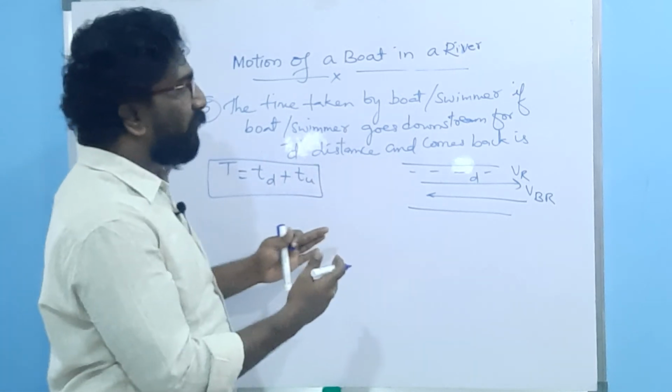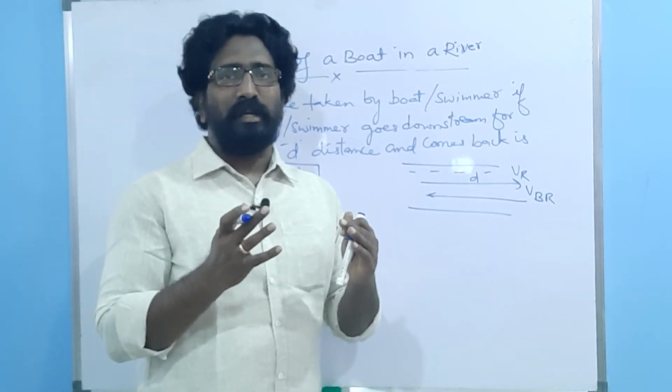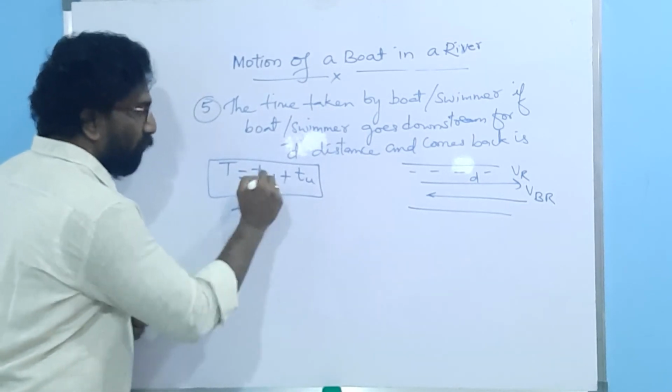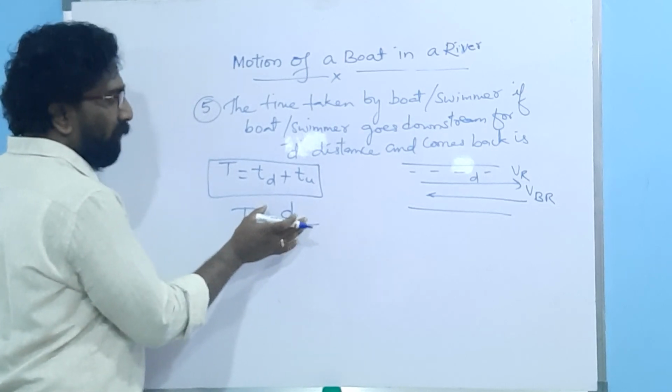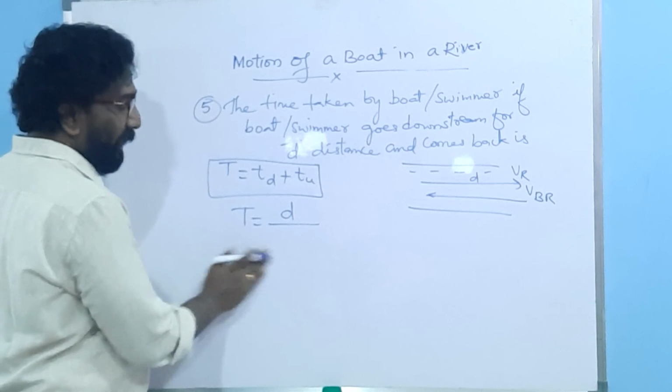In the previous case, we calculated the ratios of the two different times, but here we are trying to calculate the total time. Total time T is equal to TD, the downstream time, which is distance d over net velocity.